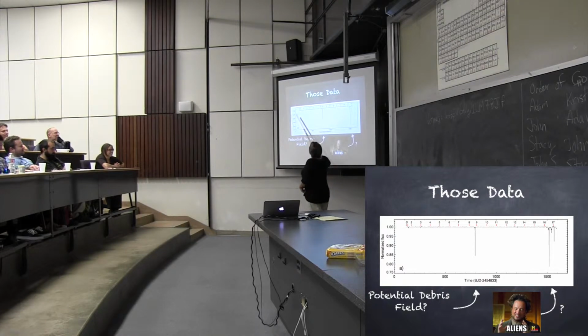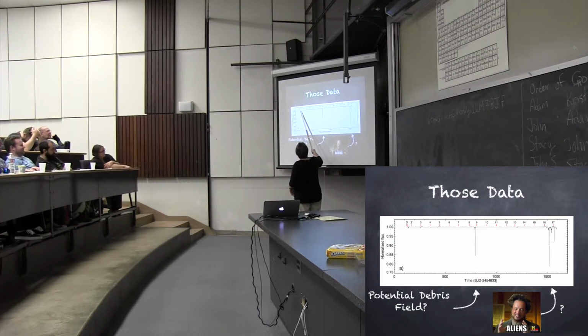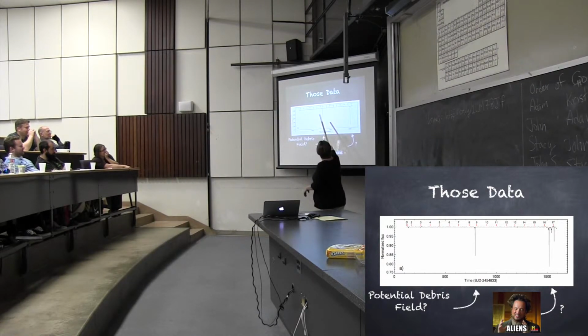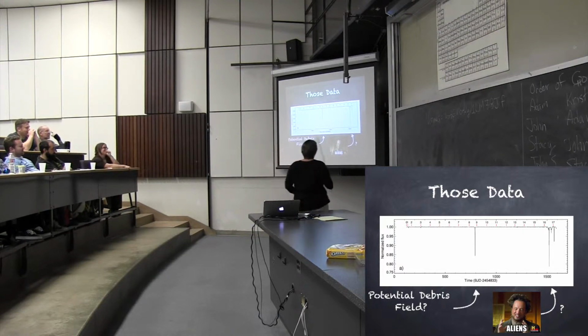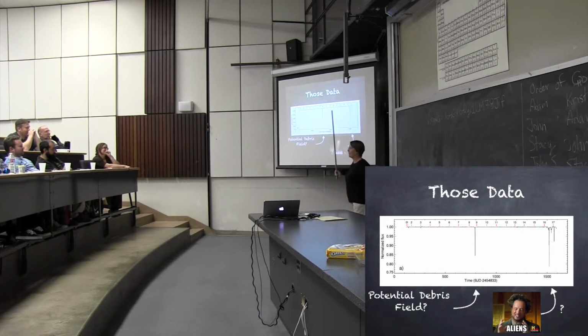So, if we look at this data and we look very, very carefully, we can find that there are events. There's one, there's one, there's one. And you might think that this is just noise, but that's because you have not zoomed in sufficiently far. And then we see a big dip here where we identify a potential debris field, and then over here we get chatter.